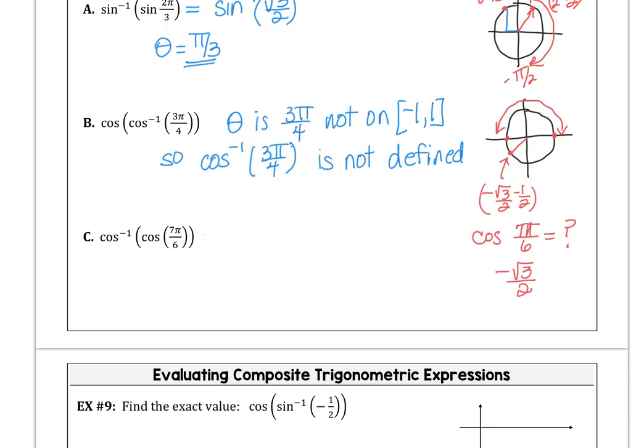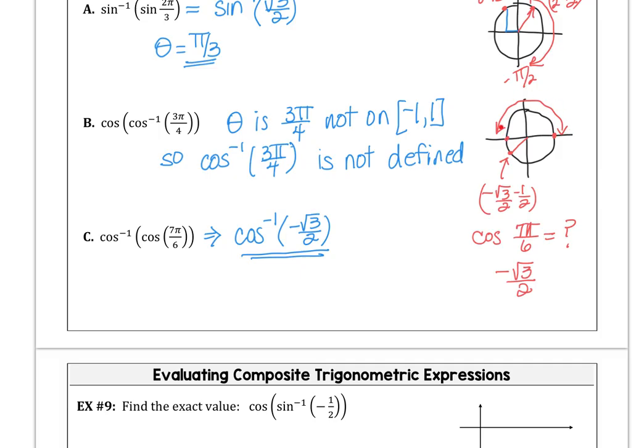And then we can substitute that, find the angle. So cosine inverse of negative radical 3 over 2. Now we're back to our restricted area. Because we're restricted here, we can only look between 0 and pi.